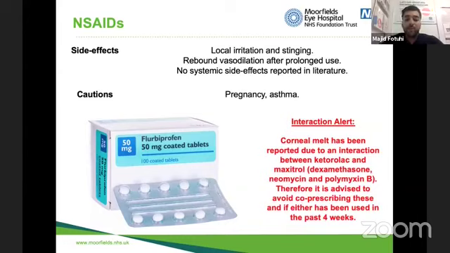So to avoid this, we always advise to avoid co-prescribing ketorolac as well as Maxitrol together, and particularly if either of them have been used in the last 4 weeks, because Maxitrol tends to have quite a long duration of action. So we avoid co-prescribing these and using them together because of this risk.